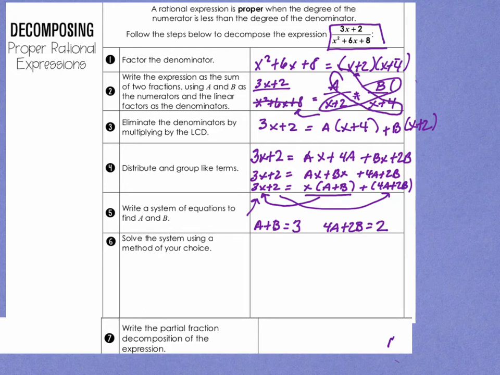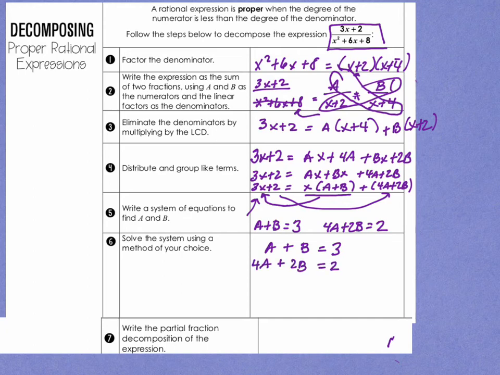We're going to solve this system of equations now, and you should remember that from Algebra 2. A plus B equals 3, and 4A plus 2B equals 2.